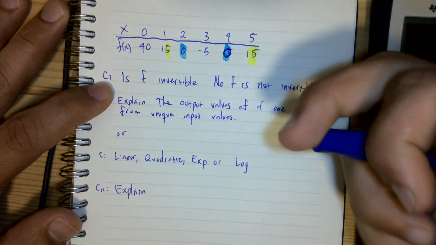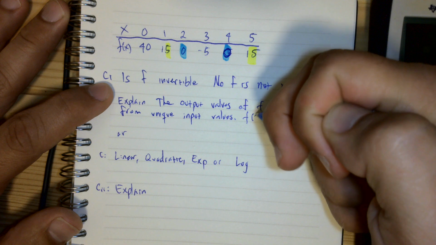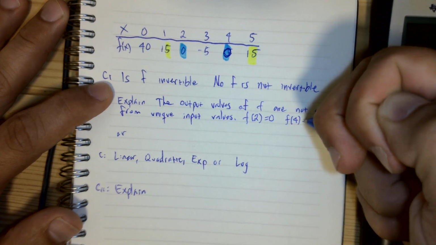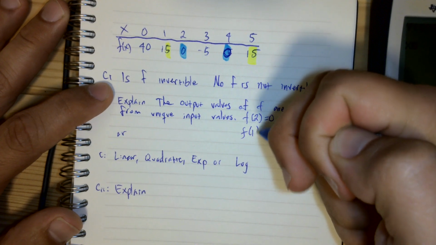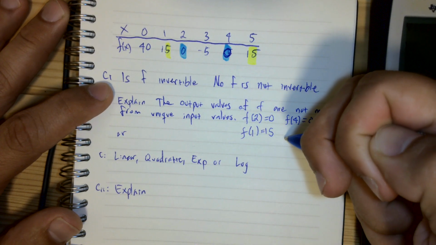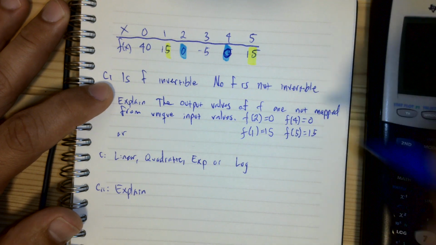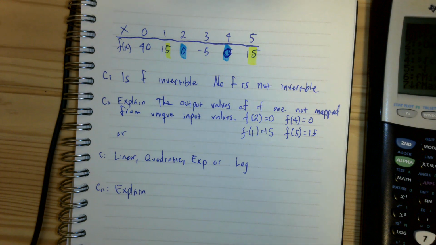That would be pretty good, but I'm going to show an example here that f of 2 equals 0 and f of 4 equals 0. Or I could have used here f of 1 equals 15 and f of 5 equals 15. You don't need to show all of them. 2 of them is sufficient. But here I'm just showing you all the possibilities.